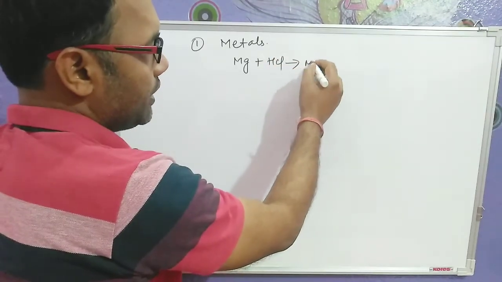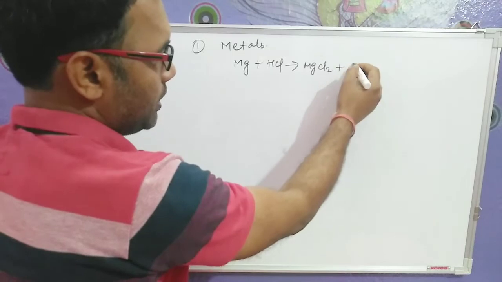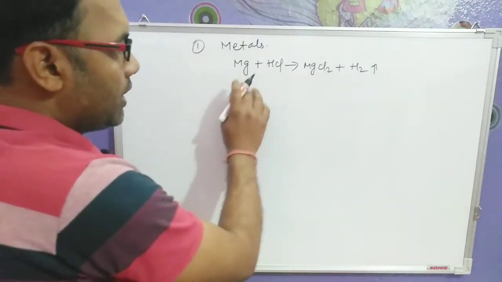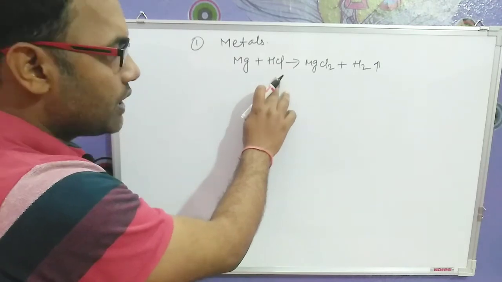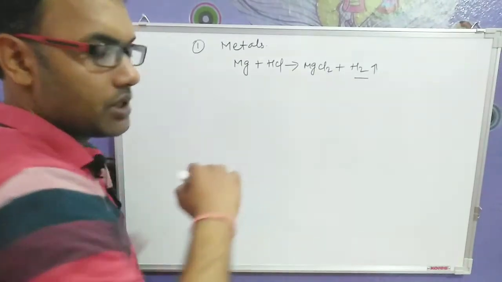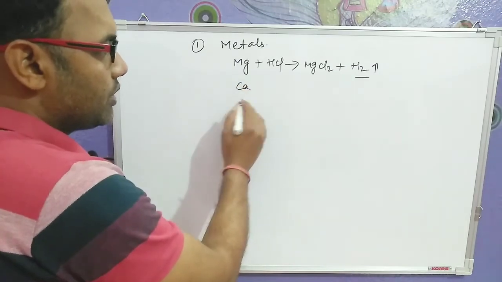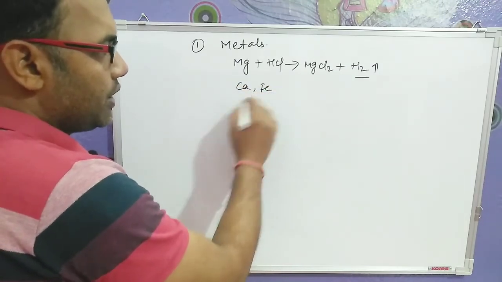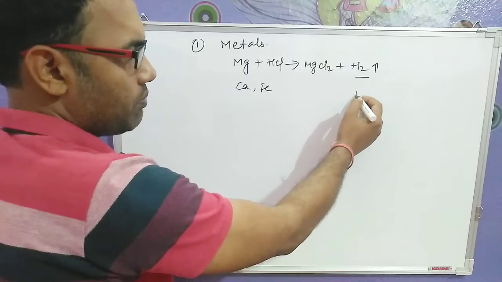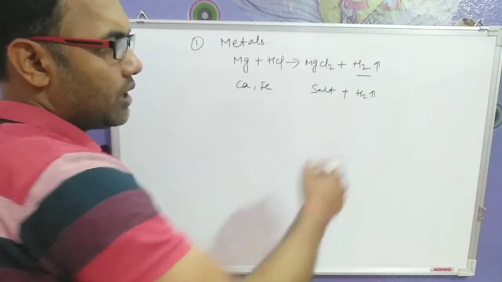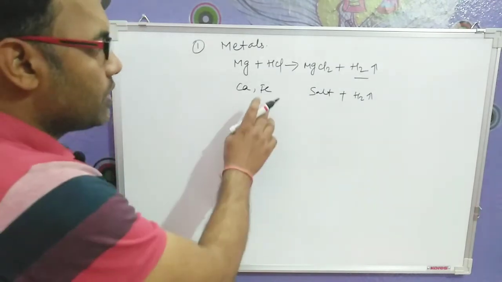What do we get? We get MgCl2 plus H2. So a metal on reaction with acid gives you hydrogen gas. A lot of examples are there. We can take calcium, we can take iron. In any of the reactions, what is the product formed? You will have a salt plus hydrogen gas. So this will be your first reaction.